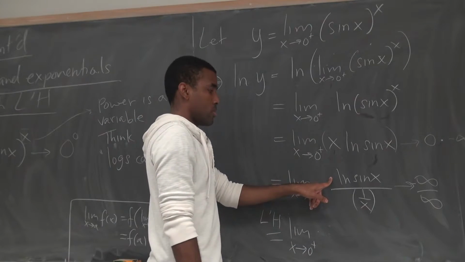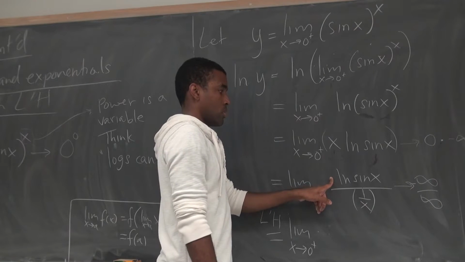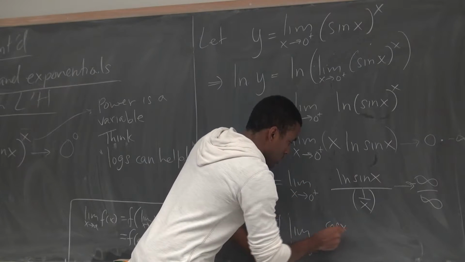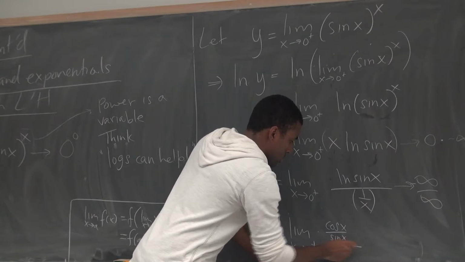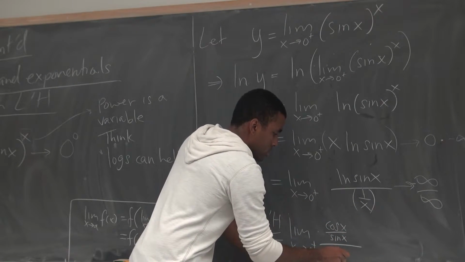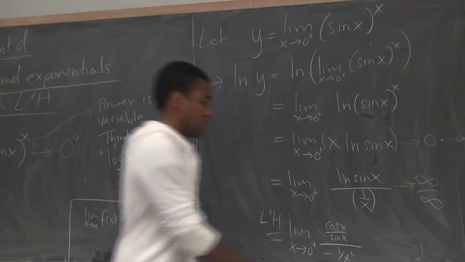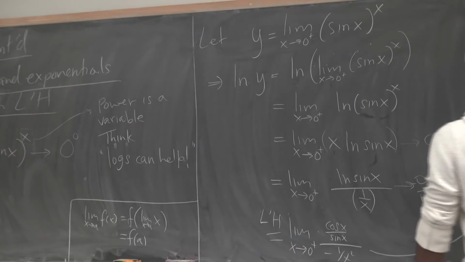The derivative of the numerator is cosine x over sine x. The derivative of the denominator is minus 1 over x squared.